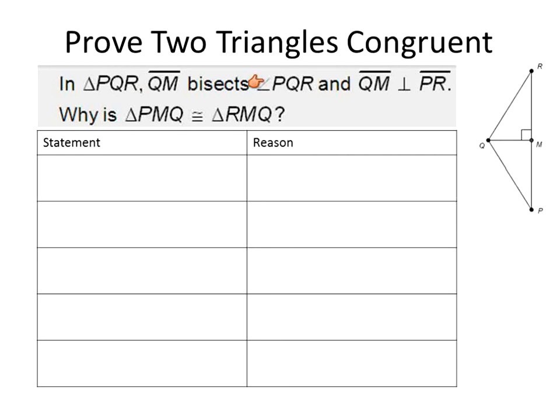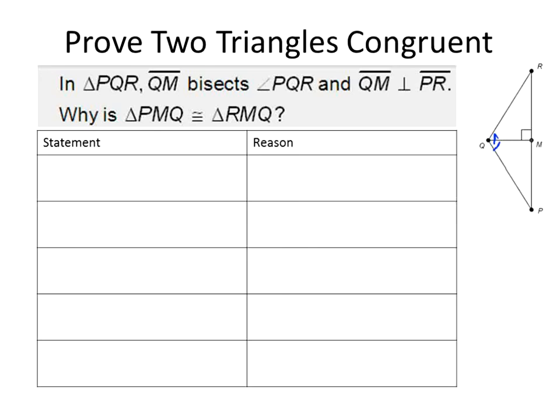So let's think about that. It says QM bisects angle PQR. So if it bisects an angle, it means it cuts it into two equal pieces. So that means that this angle right here is congruent to this angle right here.